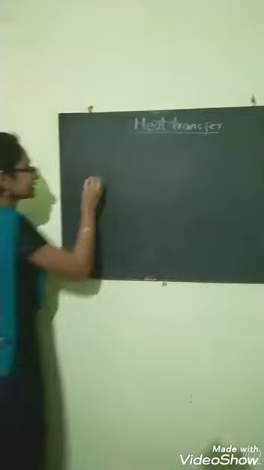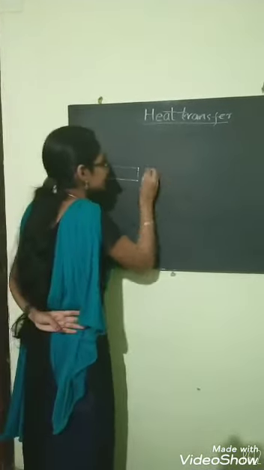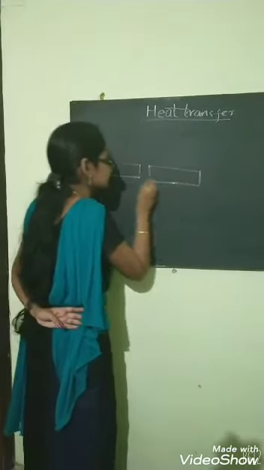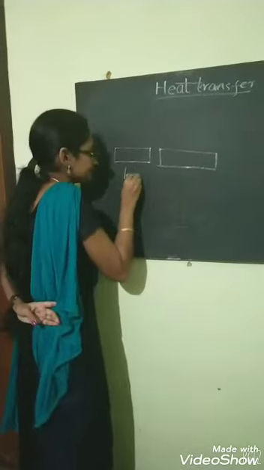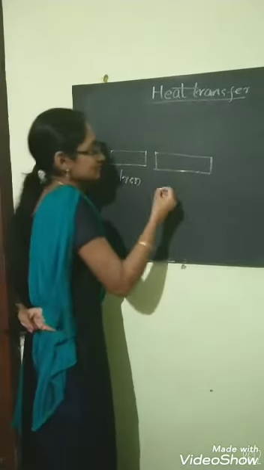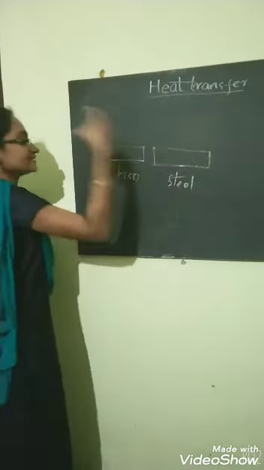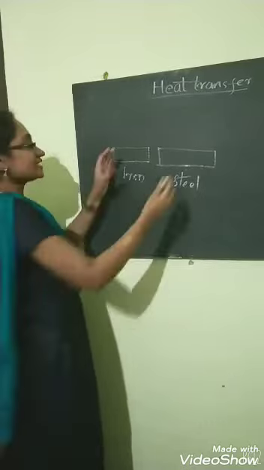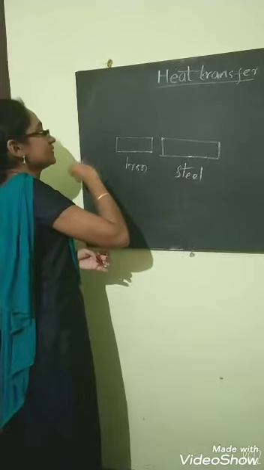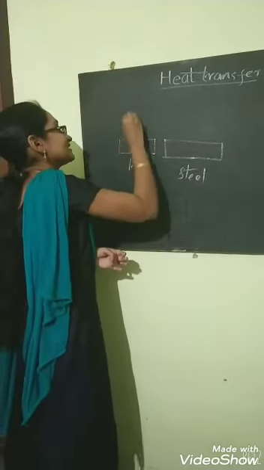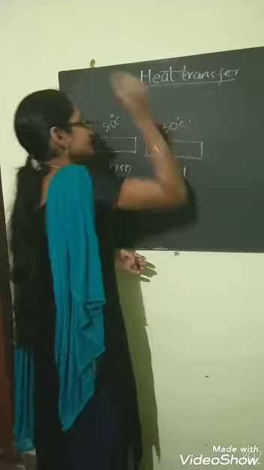I am considering two pieces, and this is iron and this is steel. Now I am joining these two pieces, and this piece has a temperature of 80 degrees Celsius and this has a temperature of 50 degrees Celsius.